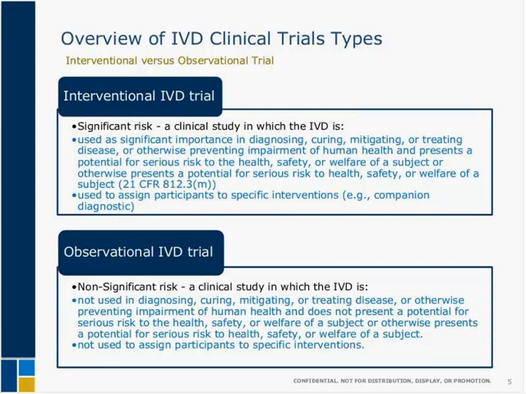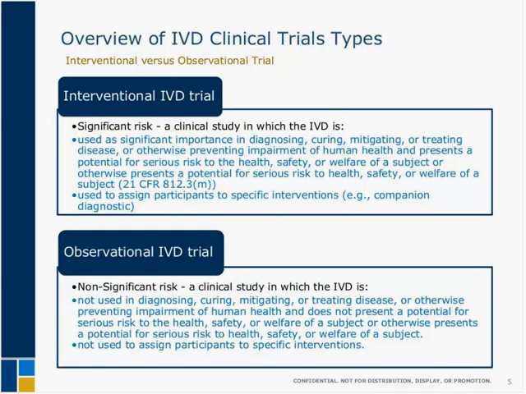An interventional trial is a significant risk trial, which is one that is of significant importance in diagnosing, curing, mitigating, or treating disease or otherwise preventing impairment of human health and presents a potential risk to the health, safety, or welfare of a subject. And that is actually the definition that you'll find in 21 CFR 812.3(m).